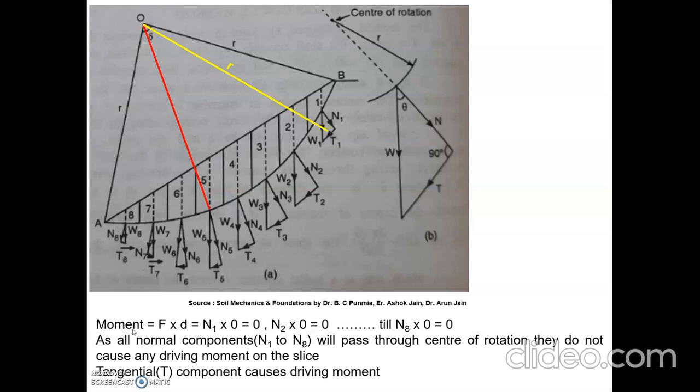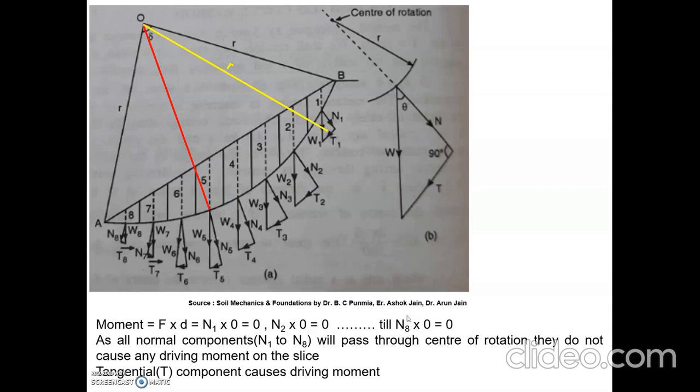So if you want to find moment, we know that the equation is force into distance. Here if we consider for slice 1, then it will be N1, which is the force, into distance. Distance between N1 and O will be 0 because N1 is passing through point O. Similarly, N2 into 0. N2 is also passing through point O. There is no distance between N2 and point O. And so on till the slice number 8.